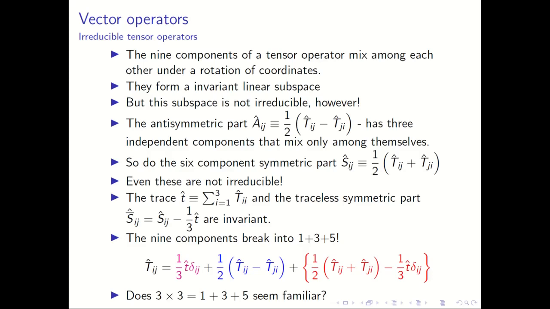But that composite space would break up into invariant subspaces under rotations characterized by the j values. So spin 1 and spin 1, when you add them together, you get spin 2, spin 1 and spin 0, which form 5-dimensional, 3-dimensional and 1-dimensional subspaces.